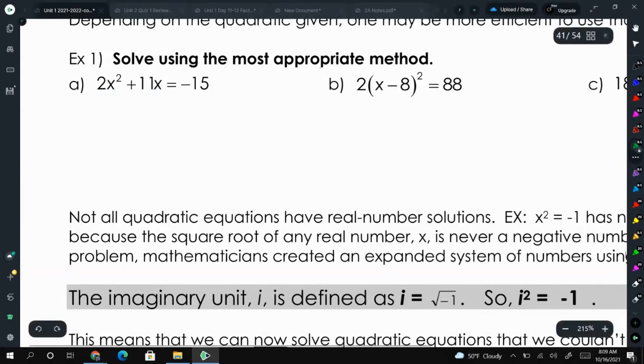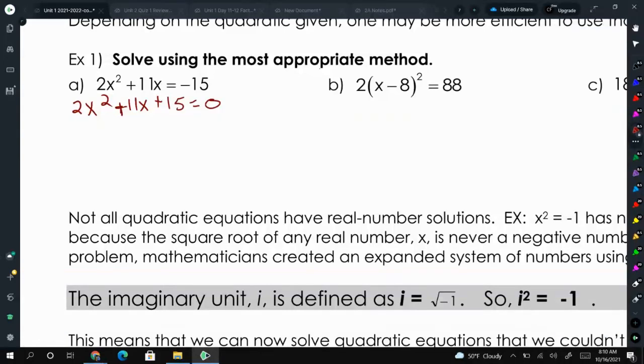And when we solve by factoring, we want to get the equation equal to 0. So this is going to be 2x squared plus 11x plus 15. Now that this equation equals 0, we can solve by factoring.